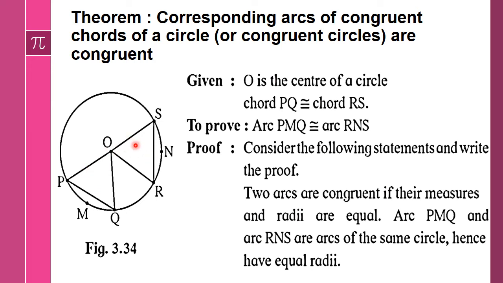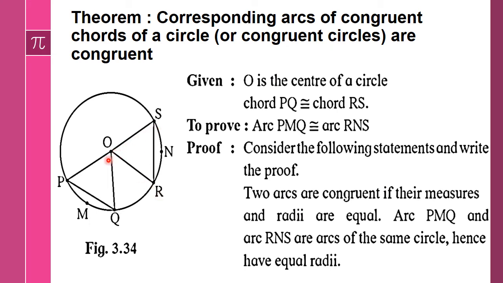If these two triangles are congruent, then angle POQ is congruent to angle SOR. So these central angles of the corresponding arcs are congruent, since they are corresponding angles of congruent triangles. So here angle POQ is congruent to angle ROS.